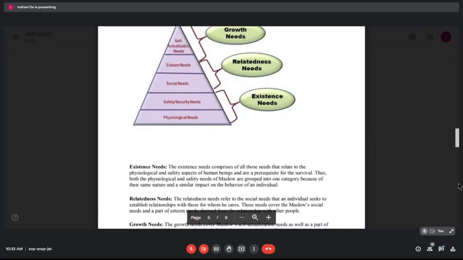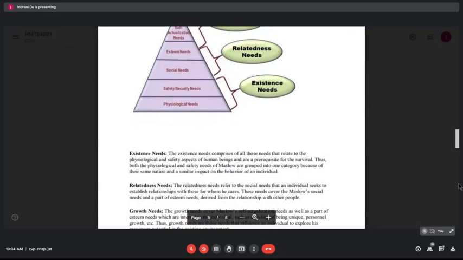So according to him, we don't need to classify needs into two categories, physiological and safety. Just one category should be there, that is the existence need. So safety and physiological needs should all come under one particular need only. Fine.